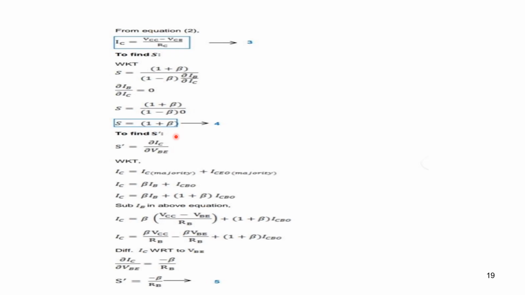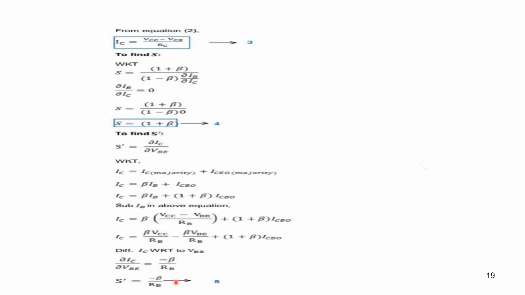Next, we will find out S dash. S dash means the rate of change of IC with respect to VBE, while beta and IC0 are kept constant. We know the equation IC is equal to beta into IB plus (1 plus beta) into IC0. Substitute the IB value here and differentiate IC with respect to VBE.